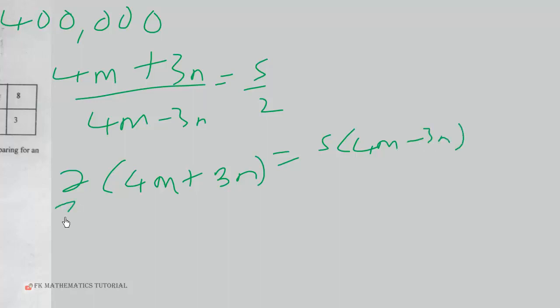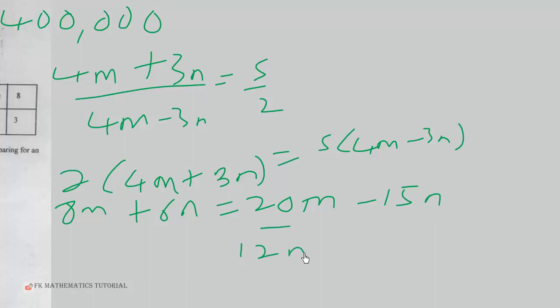So let's expand. We have 8m + 6n is equal to 20m − 15n. So 20 minus 8 will be 12m, then 6n + 15n will be 21n.